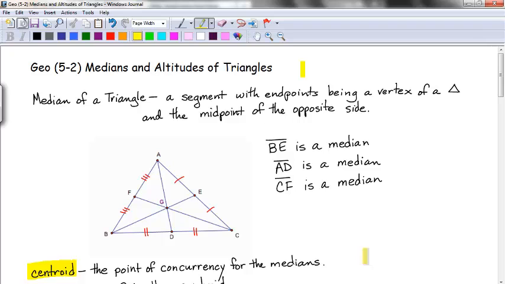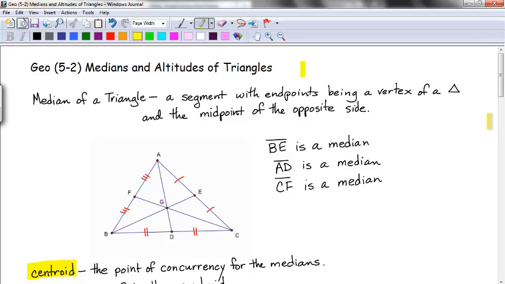So G is the centroid for this triangle. So we've done intersection of perpendicular bisectors, intersection of angle bisectors, and now intersection of medians.